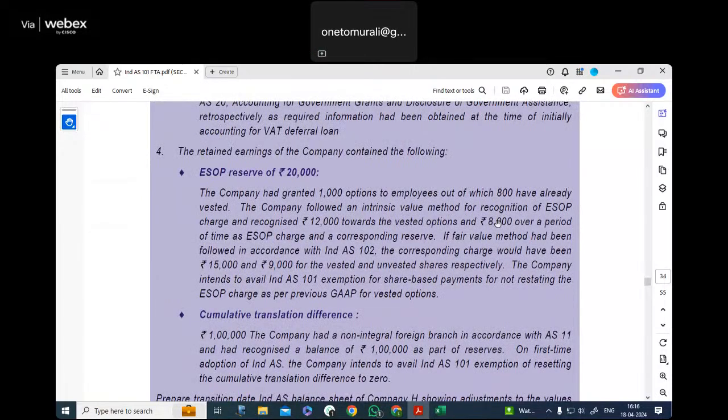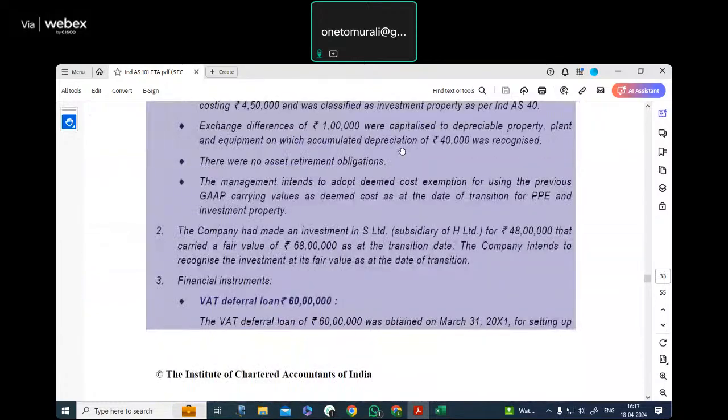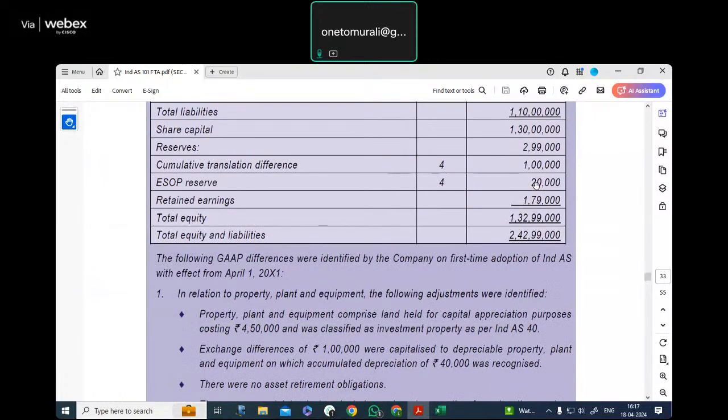Then after that, ESOP reserve, you have item number 4 once again there. The company has granted 1,000 options to employees, of which 800 have already vested. The company, following the intrinsic value method for recognition of the ESOP charge, recognized rupees 12,000 towards the vested options and 8,000 towards unvested, over the period of the ESOP with a corresponding reserve. So now we have forgotten what that figure is, 20,000.